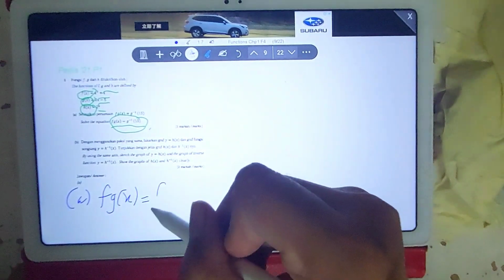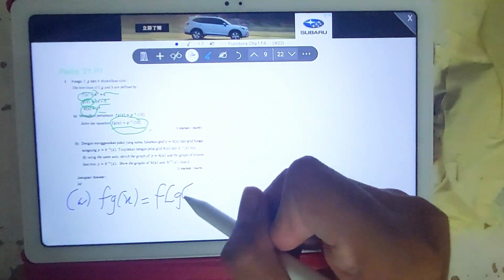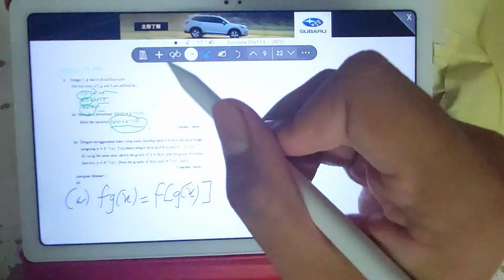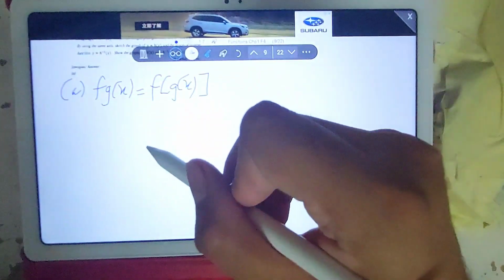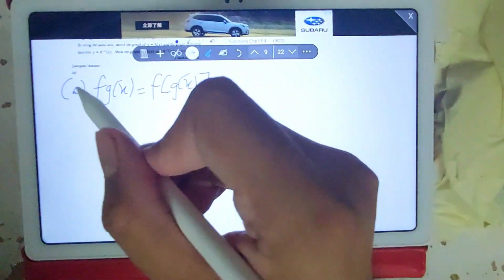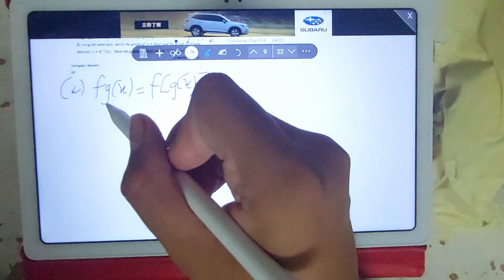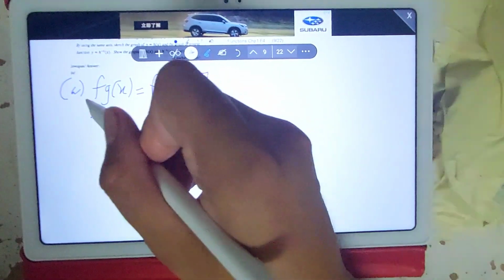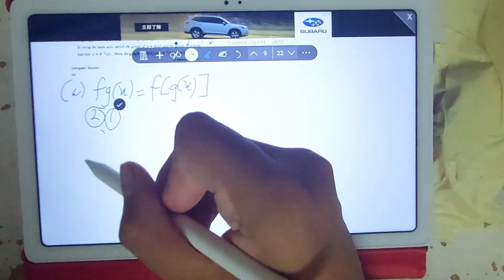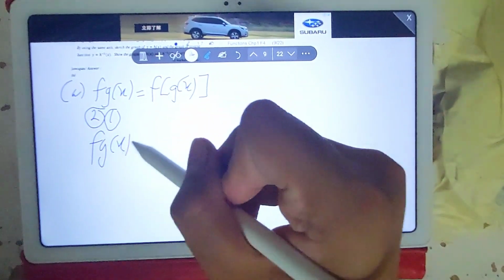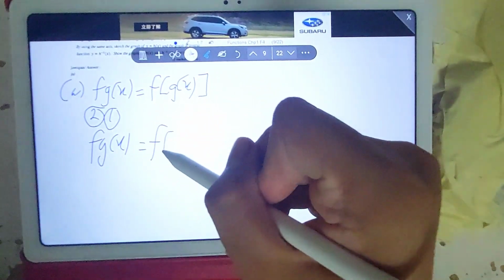So again, composite functions, you need to know how to do it. You need to do the g function first and then substitute it inside the f function, because the order of composite function is this comes first, this comes second. So f(g(x)) is equal to f of what is your g(x) function?